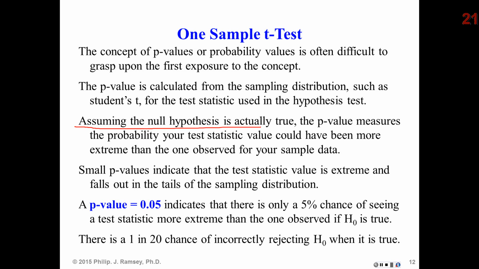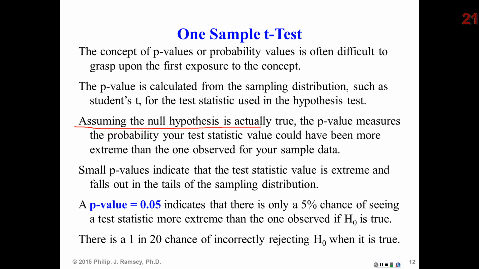If it's way out in the tails, that indicates that there's poor agreement. We reject the null. Now, 0.05 is typically selected as the cutoff, meaning there's only a 5% chance I could have gotten a more extreme value under the null hypothesis.